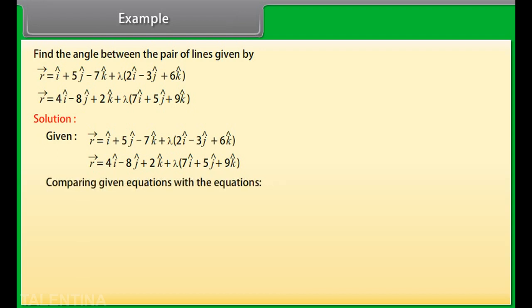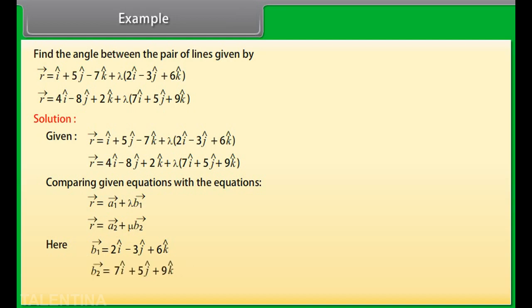Comparing the given equations with the equations vector r equals vector a1 plus lambda vector b1 and vector r equals vector a2 plus mu vector b2, here vector b1 equals 2i minus 3j plus 6k and vector b2 is equal to 7i plus 5j plus 9k.